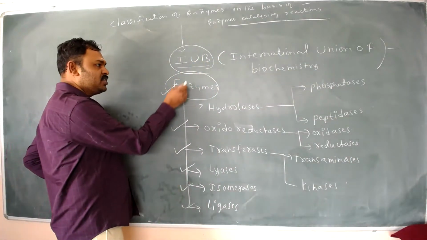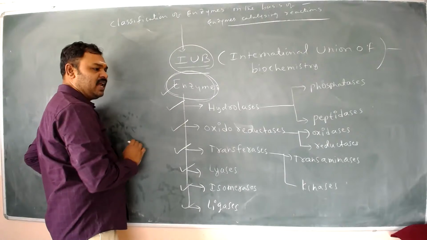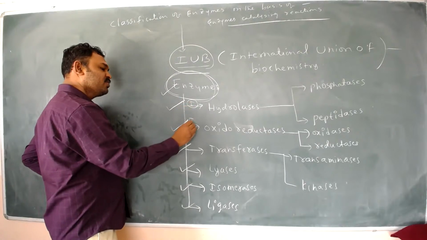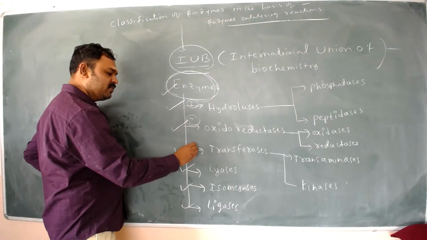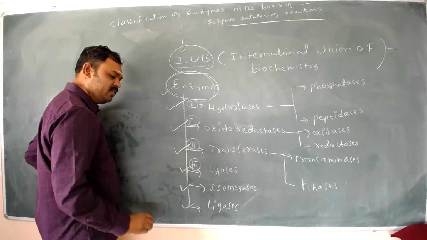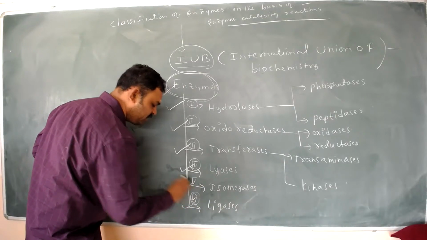IUB classified the enzymes into 6 classes. First class, hydrolase. Second class, oxidoreductase. Third class, transferases. Fourth class, lyases. Fifth class, isomerases. And sixth class, ligases.